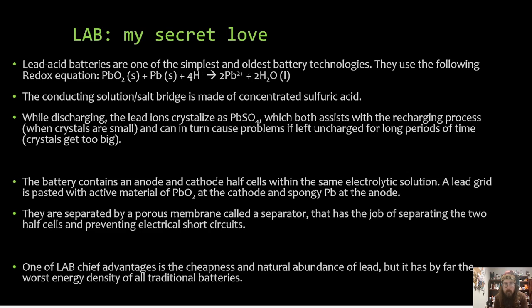Now, this battery contains an anode and a cathode half cell. Now, they don't contain them in separate solutions and separate containers. They keep them in the same electrolytic solution, which in a way could be bad, because if the two grids touch, they will create a short circuit.